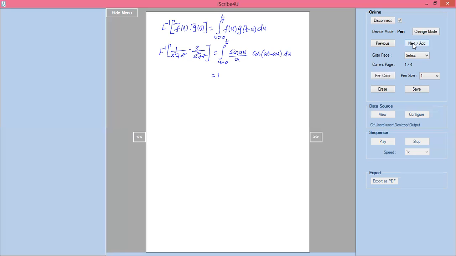Now we take 1 by A into the integral from u equal to 0 to t of sin AU into cos of AT minus AU into du.